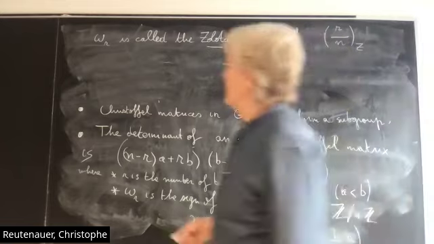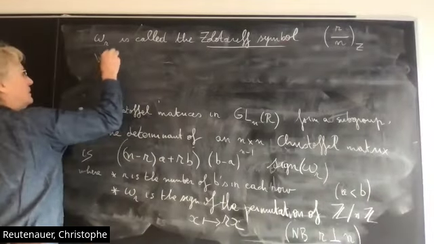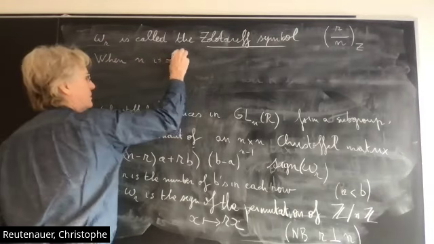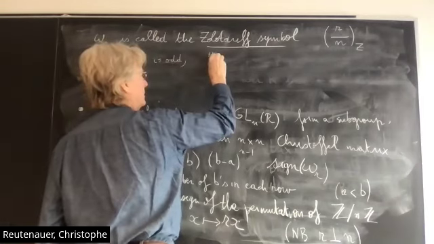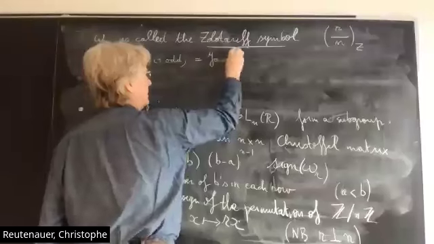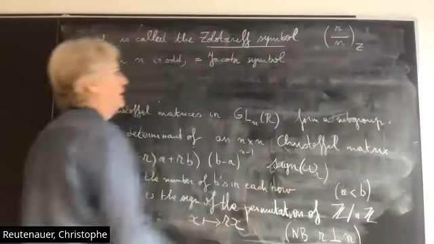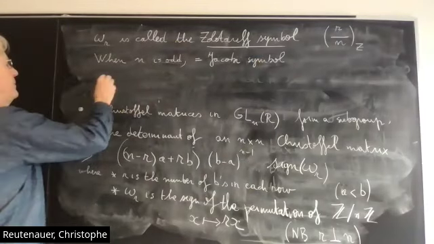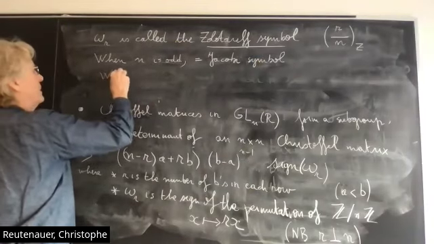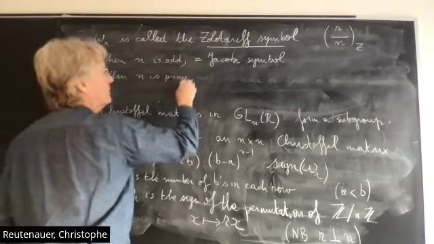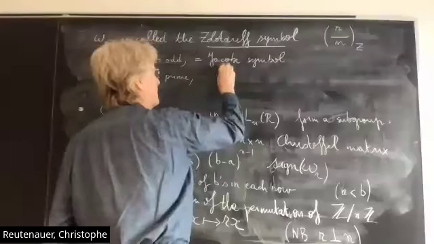When n is odd, it's equal to the Jacobi symbol. And the Jacobi symbol itself, when n is prime, odd prime if you want, is the Legendre symbol.